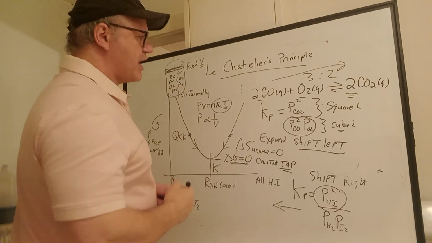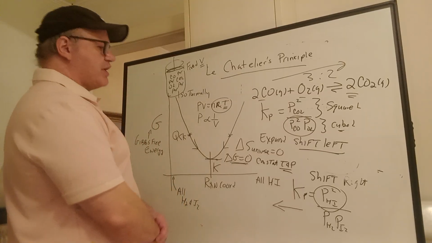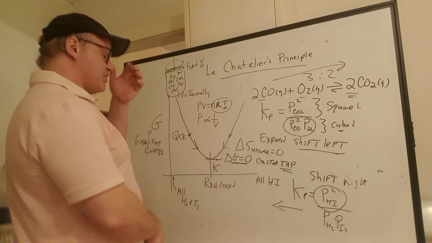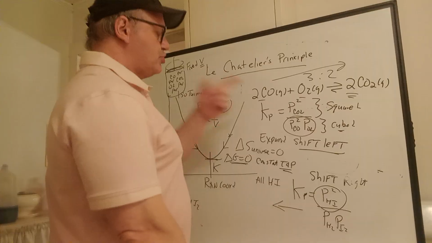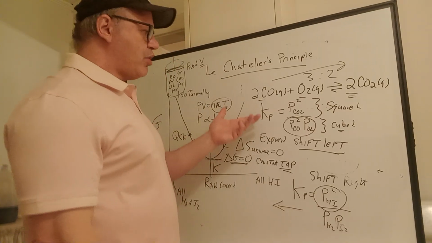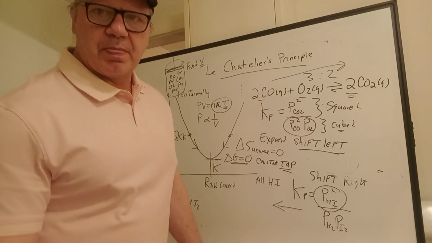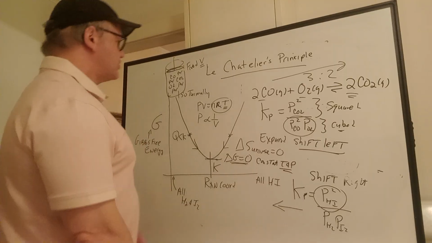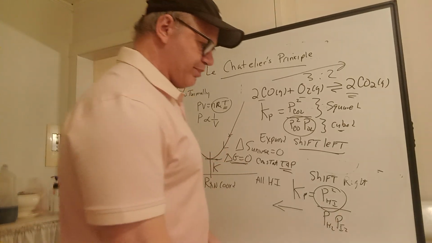Argon is an inert, non-reactive gas. We keep the volume of the system fixed. So what that means is the partial pressures don't change. There will be no change in the equilibrium constant. There's no shifting at all. So there's no change at all if you add an inert gas under constant volume, presumably isothermally.